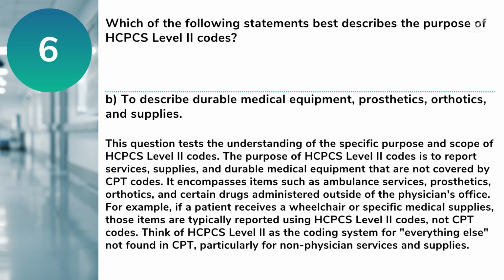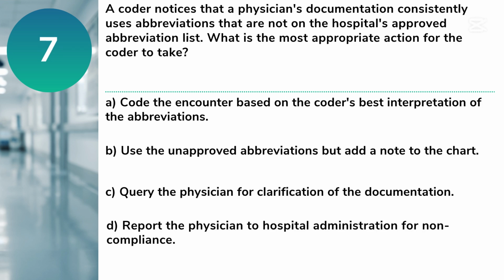Think of HCPCS Level 2 as the coding system for everything else not found in CPT, particularly for non-physician services and supplies. Question 7. A coder notices that a physician's documentation consistently uses abbreviations that are not on the hospital's approved abbreviation list.